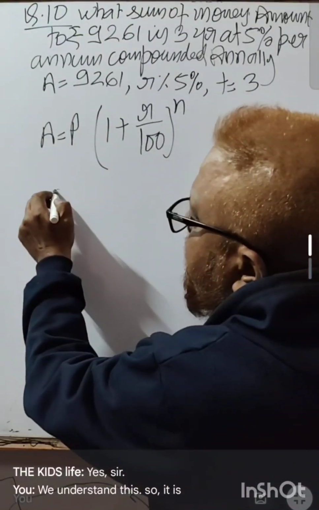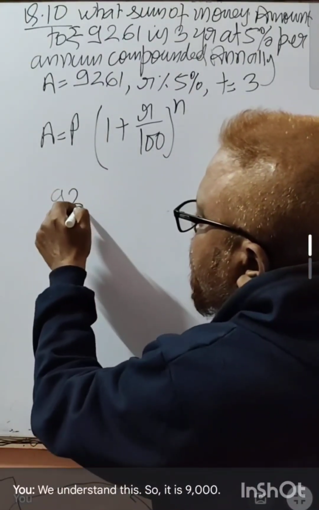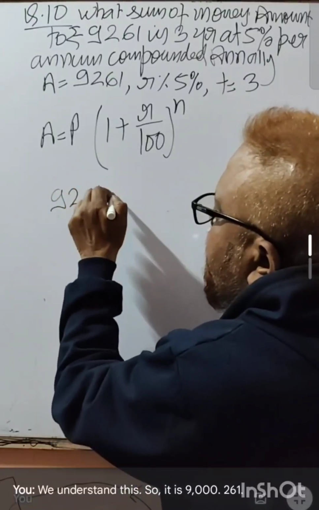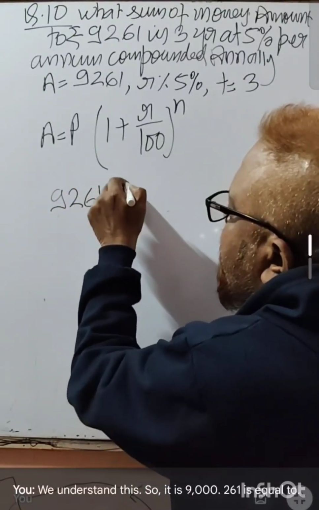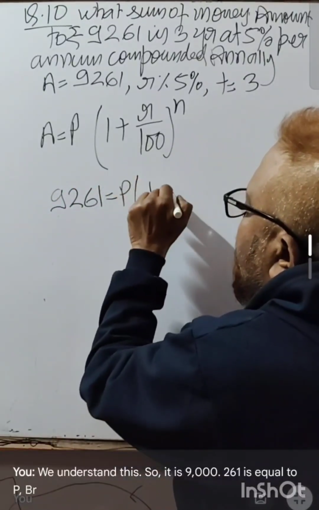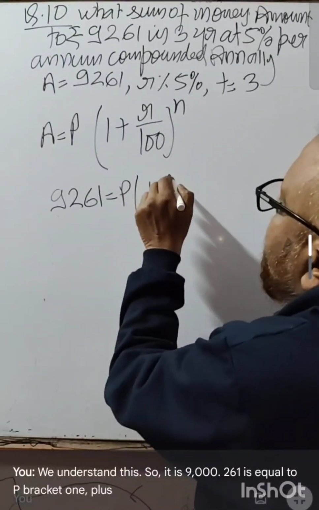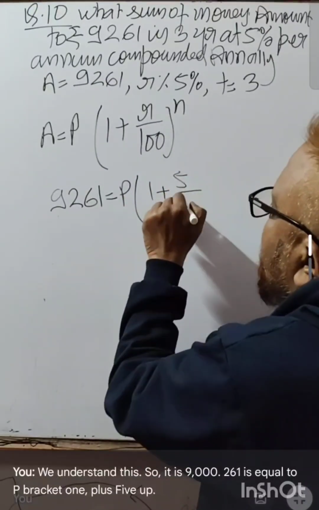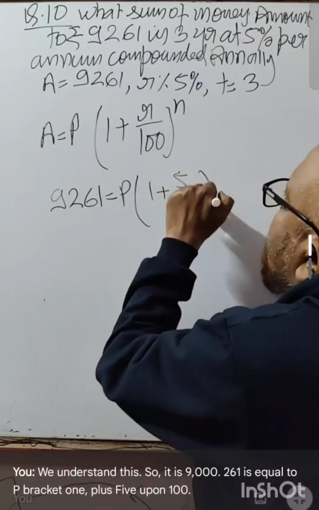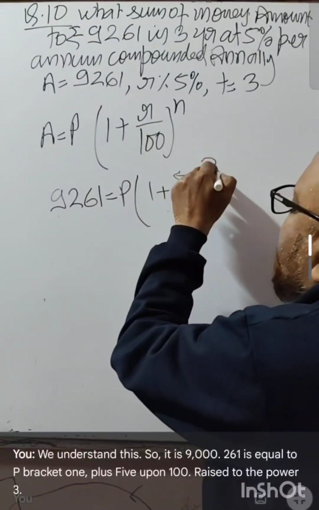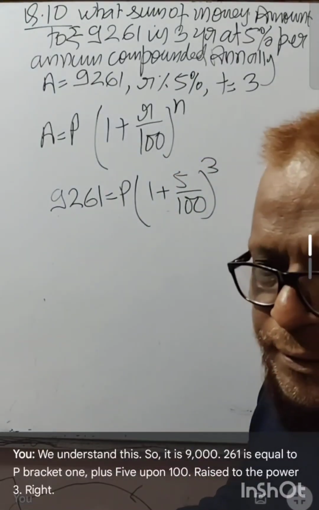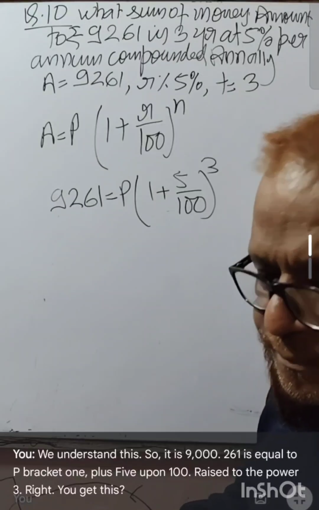So it is 9,261 is equal to P bracket 1 plus 5 upon 100 raised to the power 3. You get this?